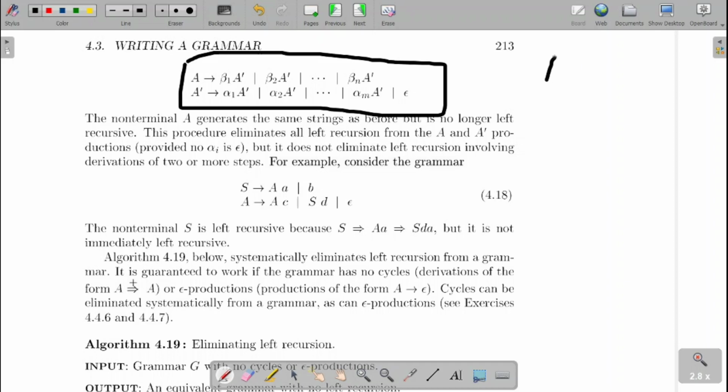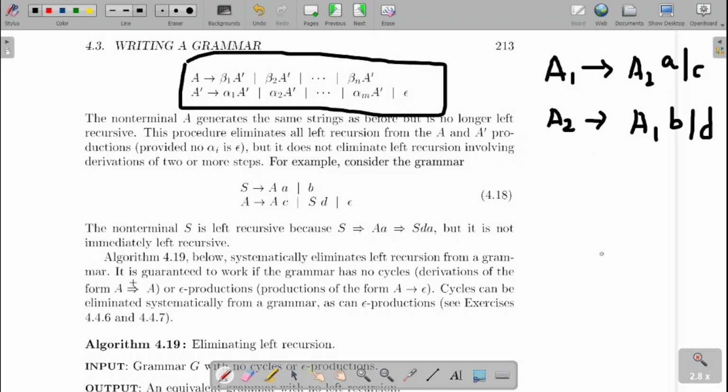If I take up the example, A1 derives A2 A or C, and A2 derives A1 B or D. Now when I look at the body of the production, I will say that there is no left recursion, because the root of the production is different, and in the body of the production the first part is different.